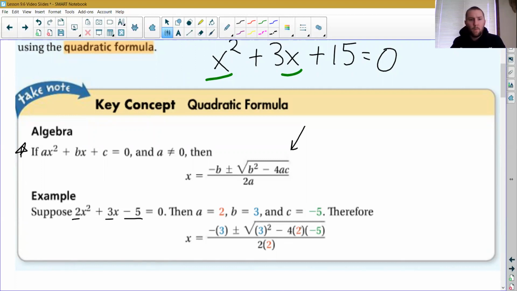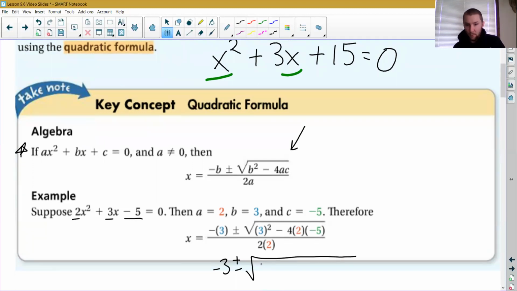If we plug these values a, b, and c into the quadratic formula, we see this: negative 3 plus or minus the square root of, and now under here we have some math we need to do.